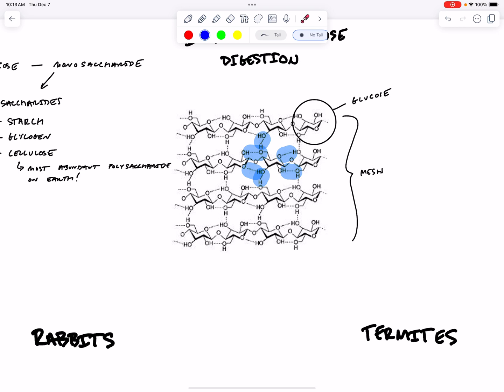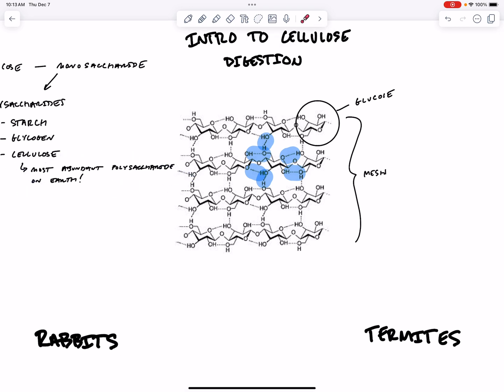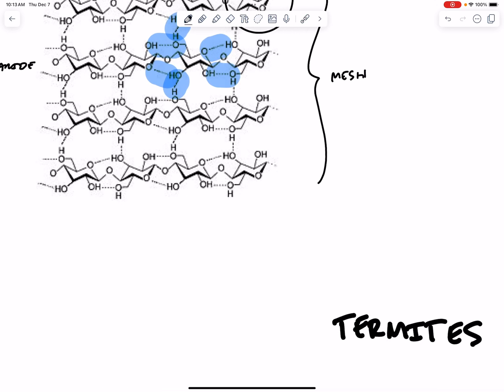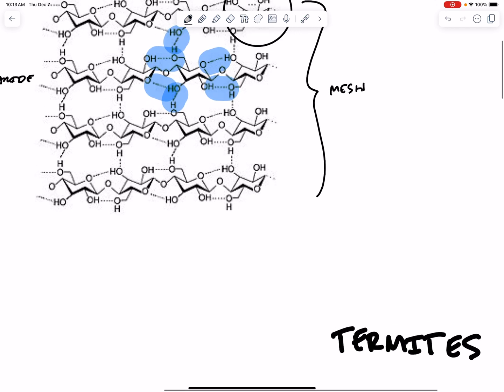So we said it's the most abundant polysaccharide on Earth. So it means that there's tons of glucose all held together in this form, which could be a fantastic energy source, except for the fact that animals can't digest cellulose. They can't break the bonds between the glucose monomers.